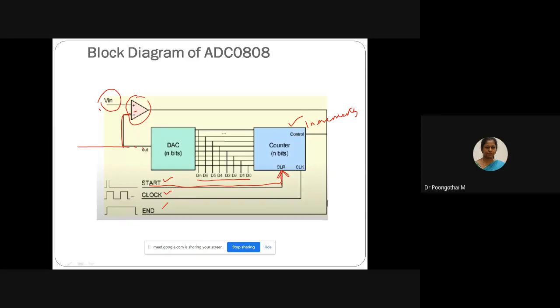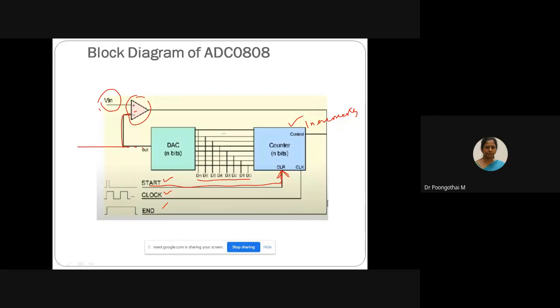Subsequently, for every clock tick, the counter gets incremented. After applying one clock pulse, the value is incremented, so the counter will start counting for every clock pulse.